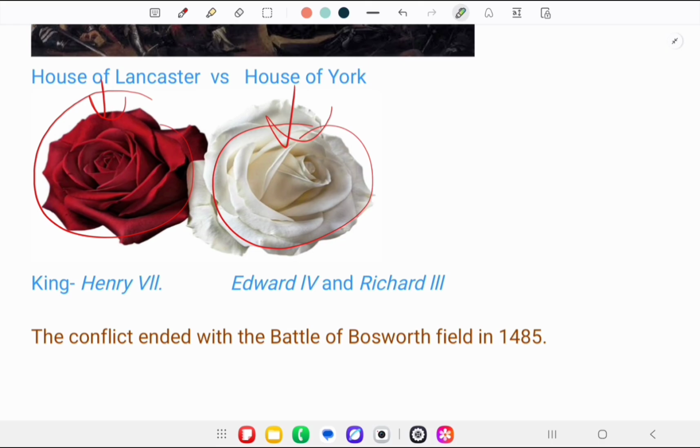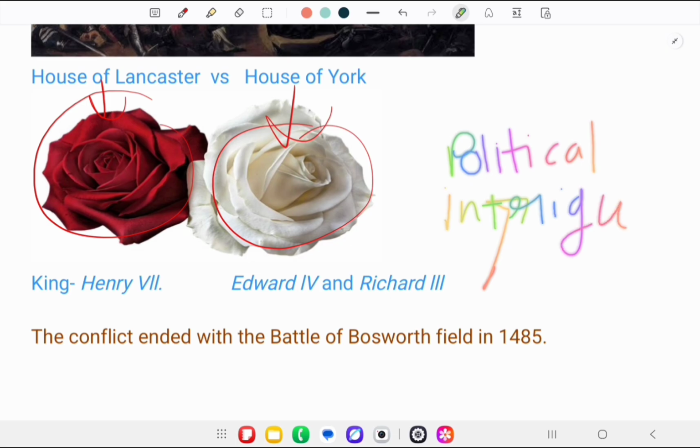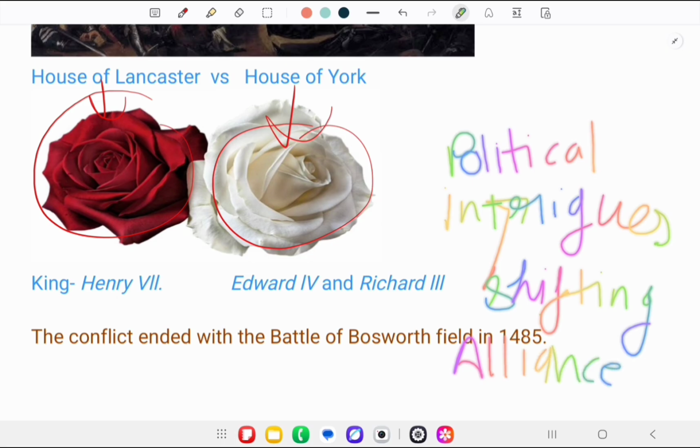These wars were recognized by a series of battles, political intrigues, and shifting alliances.